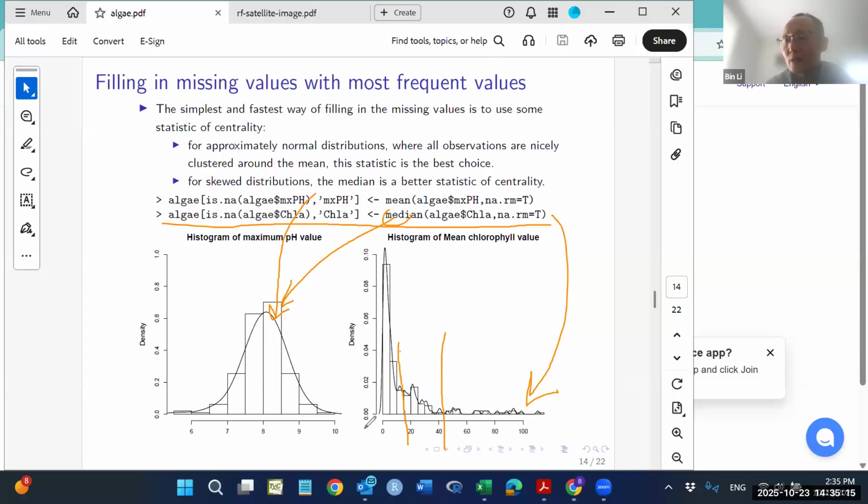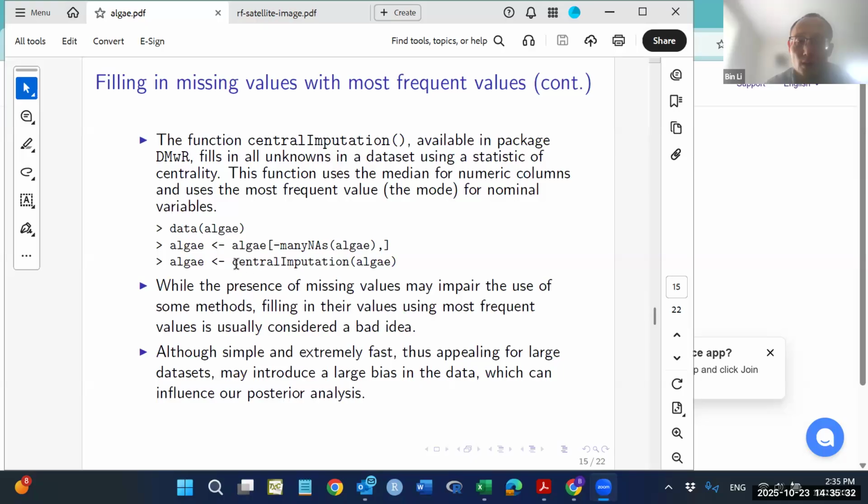So the takeaway message is, for a numeric variable, if you want to replace by the most frequent, it's better to just use the median, because the median works for both situations. Okay, so in this package, there's a function called centralImputation.